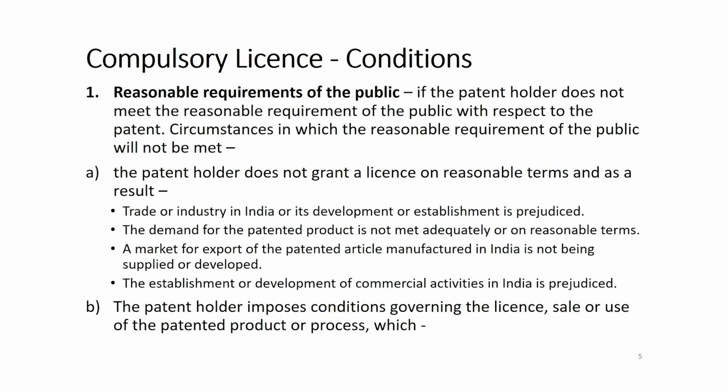Now, coming to the conditions, the grounds on which compulsory license can be issued. We have 3 grounds for issuance of compulsory license. The first ground is when the patent holder is not fulfilling the reasonable requirements of the public. Reasonable requirements of the public about the patented material are not fulfilled.